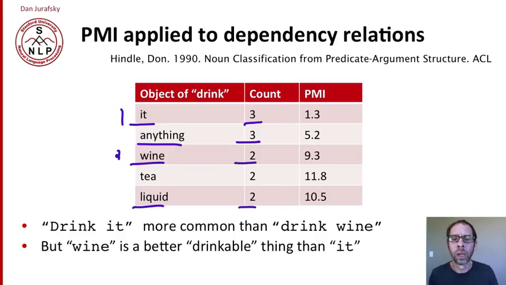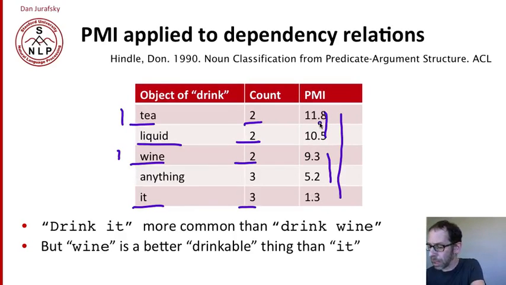If I found wine occurring a lot with 2 different verbs, I would think that those verbs are probably similar, more than if I found it occurring as the object of the 2 verbs. And if I compute the PMI between the object of the verb and the verb drink, now I see that wine and tea and liquid have a much higher PMI than it or anything.